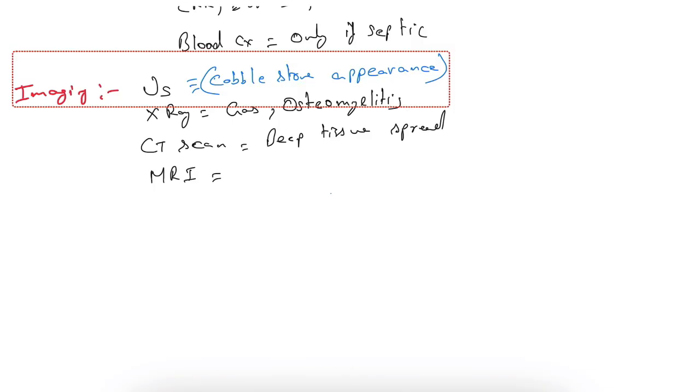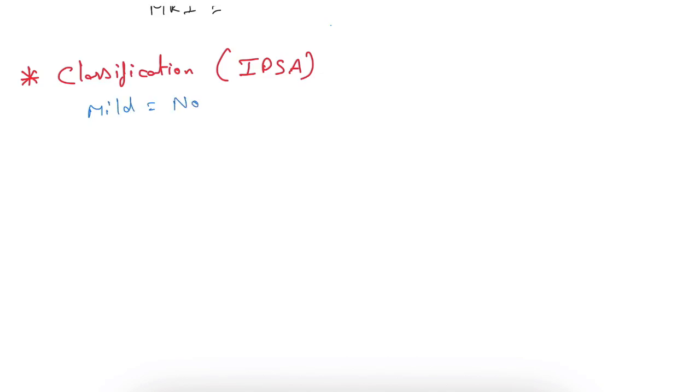Okay, so here we have one classification for differentiating mild, moderate, and severe cases. The classification we call the IDSA classification. In mild cases, we can't see any systemic signs.